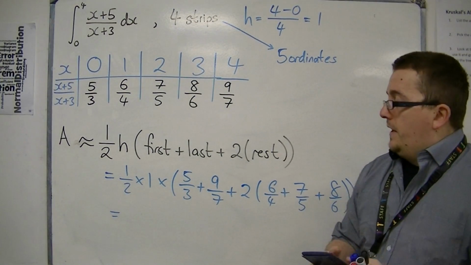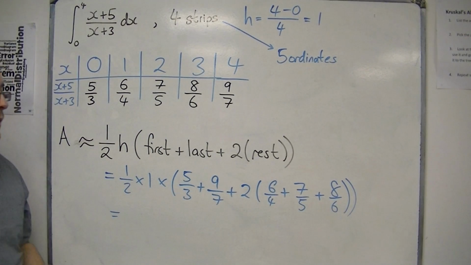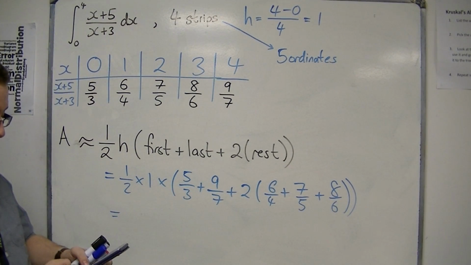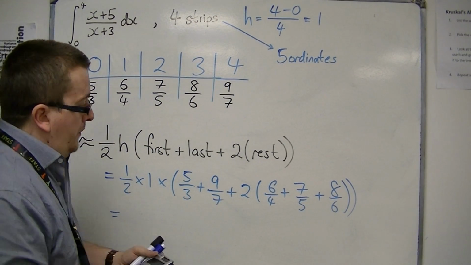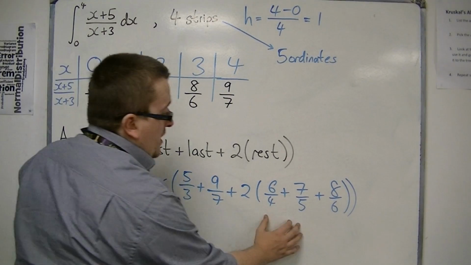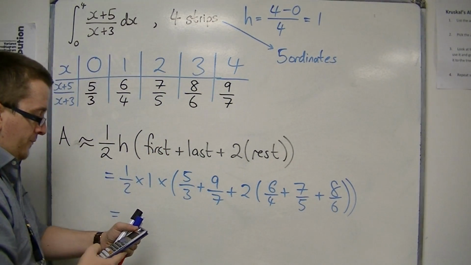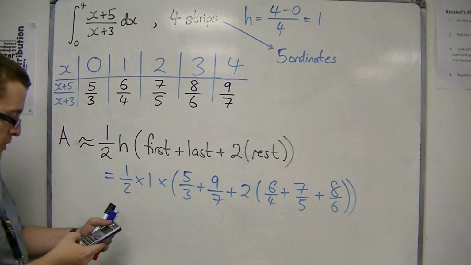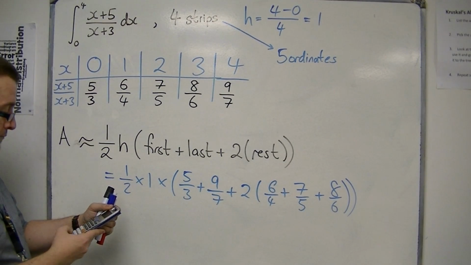So I'll pop that into the calculator, and if you're not confident with your calculator skills, it's best to take it out one step at a time. So the sum of the rest is 127 over 30, timesing that by 2 is 127 over 15. Add those two fractions, plus 9 over 7 plus 5 over 3.